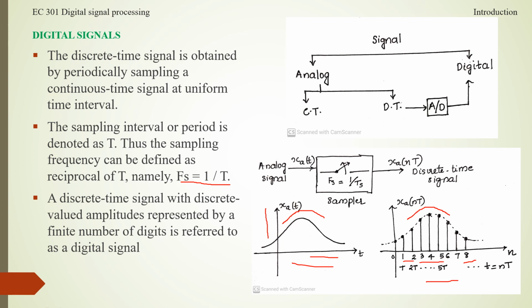That is, the DT signal, that is discrete time signal, is still analog. It is not a digital signal. A discrete time signal can be converted to a digital signal by passing through an analog to digital converter.